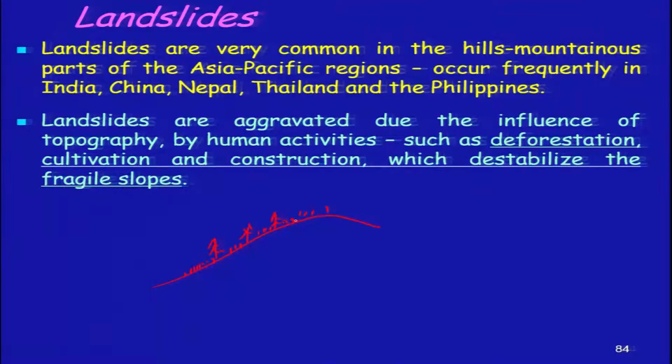But if you remove this, then you are exposing the slope directly to erosion, or you are subjecting the slope material to erosion, which will result in the percolation of water as well as the loss in shear strength of the material.